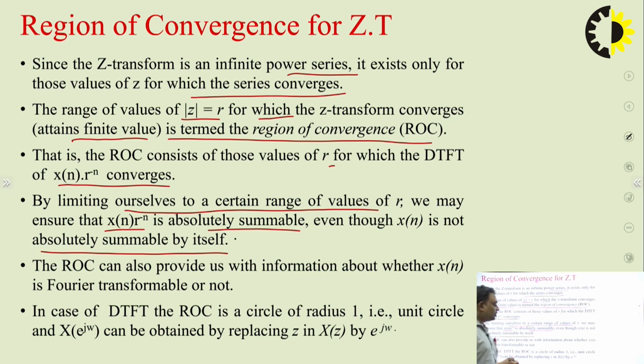If it is absolutely summable now, then you can obtain the Fourier transform for that signal also. So the ROC can also provide us with information about whether x[n] is Fourier transformable or not.